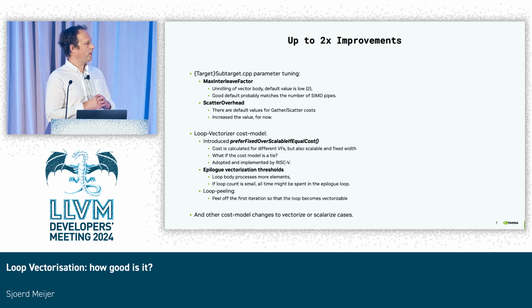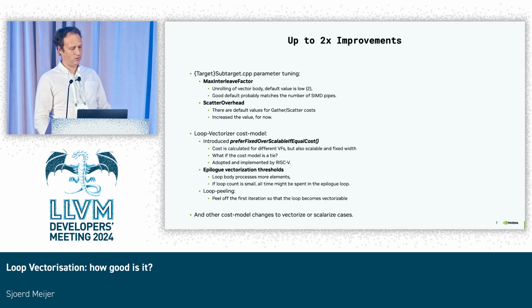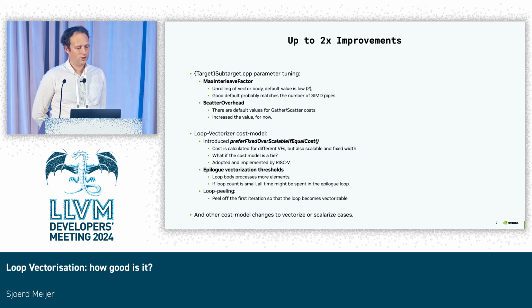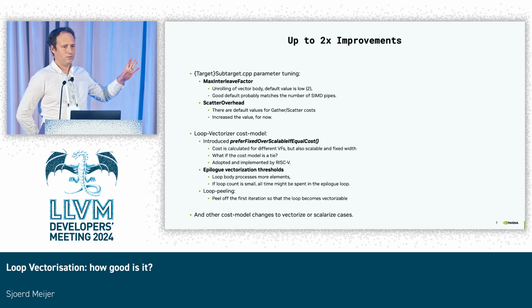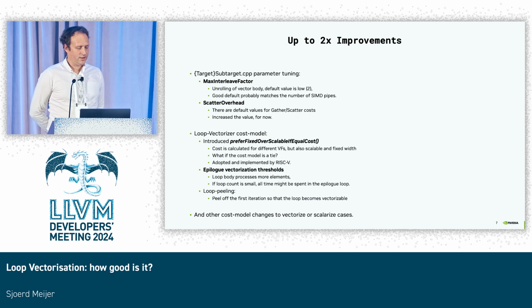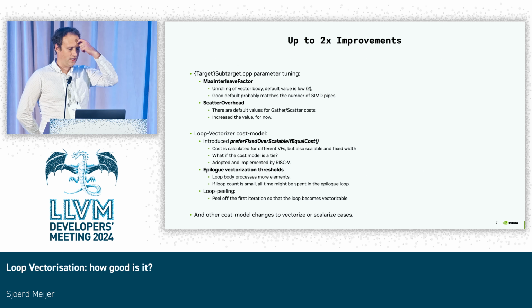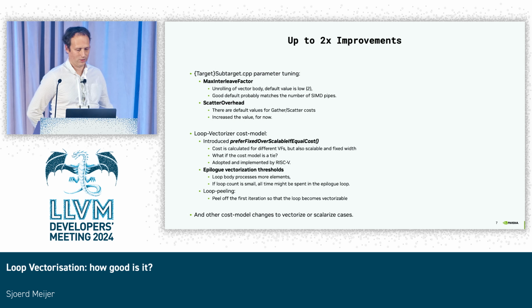The default is low, it's 2, but a good rule of thumb is that the default should be equal to the number of vector pipes that you have. So that's something that we increased. And again, I'm just showing you, because this is something that you could easily check for your target. There's another threshold to control the generation of scatter instructions. We tuned that so that for some of the cases they would not be generated because that's faster.